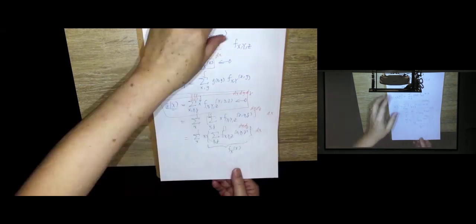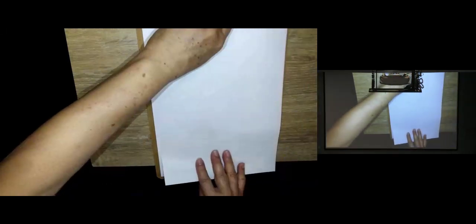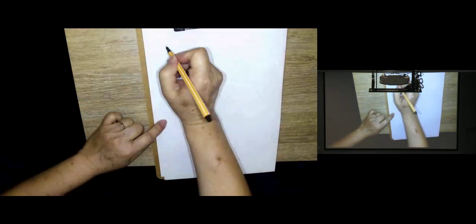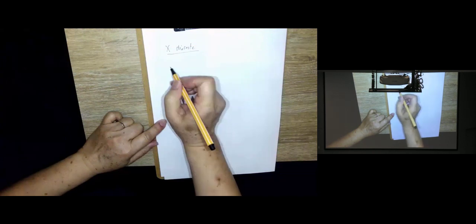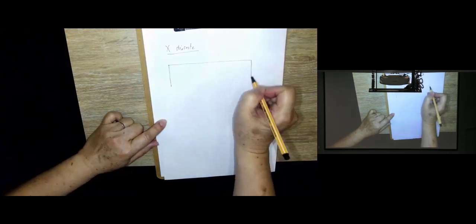So this is this. And then another thing that probably would be good, let's talk about X discrete. This is the form that we use.